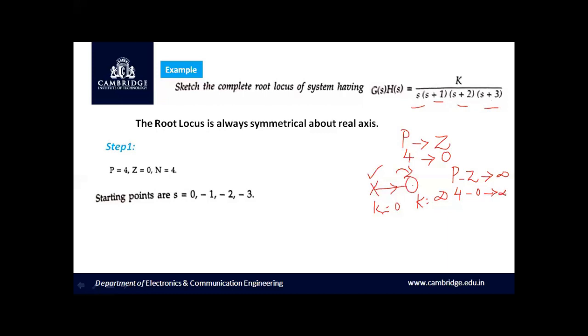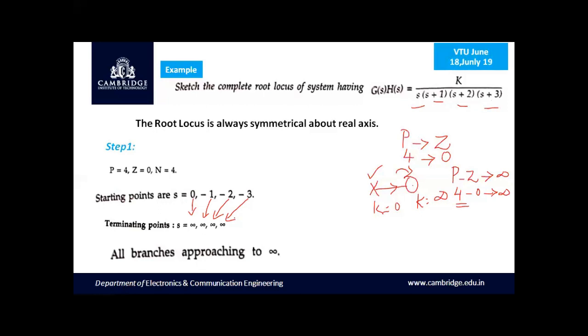So all the 4 branches emerging from the 4 poles will be terminating at infinity. Hence, the terminating points are: 0 reaches infinity, minus 1 reaches infinity, minus 2 reaches infinity and minus 3 reaches infinity. Hence in this case all the branches approach infinity.